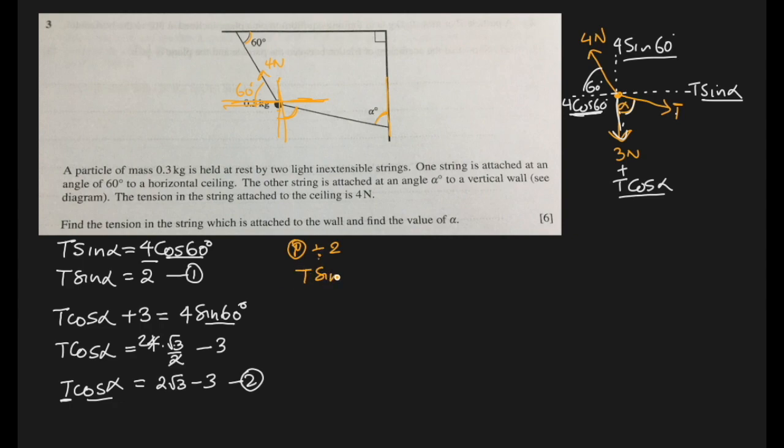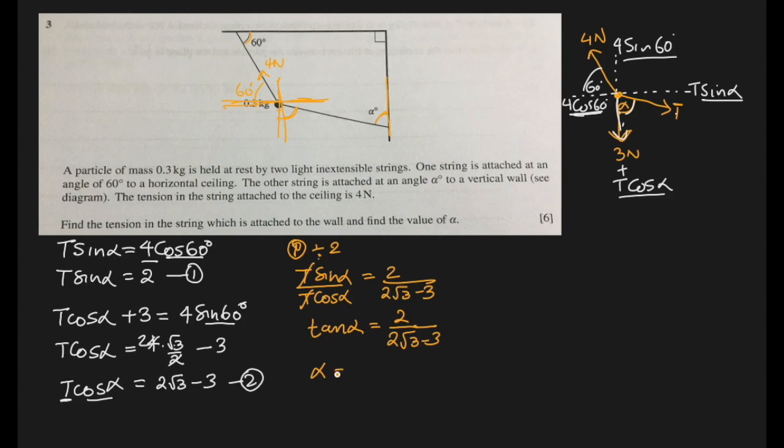T sin alpha equal to 2, divided by T cos alpha, equal to 2 square root 3 minus 3. So the purpose is T and T cancel, and sine over cos, we know that it is tan alpha, it becomes 1 ratio. That's why we divide sine by cos, not cos by sine, because there is no cot in our calculators. So 2 over 2 square root 3 minus 3.